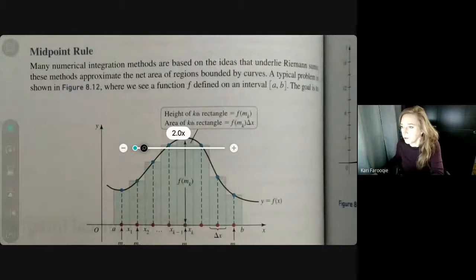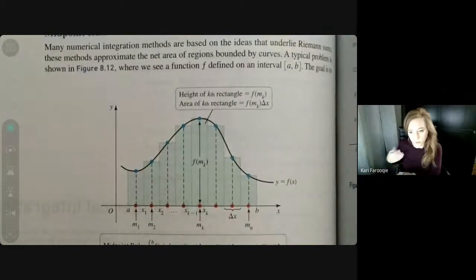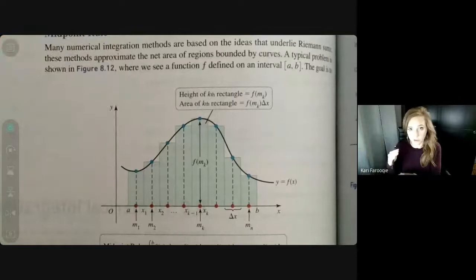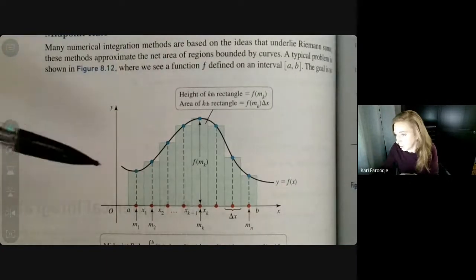So what the midpoint rule is doing is it's setting up rectangles, sort of like what you initially learned to do in Calc 1 when you were thinking about integration as being the area underneath the curve. We didn't go too deep into actually computing the areas using subintervals in my class, but I definitely gave you a basic overview of what we were doing when we were integrating.